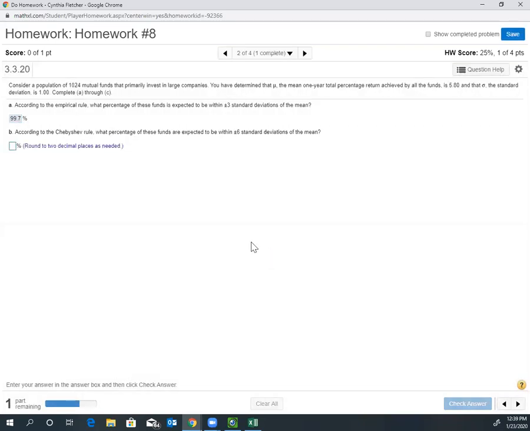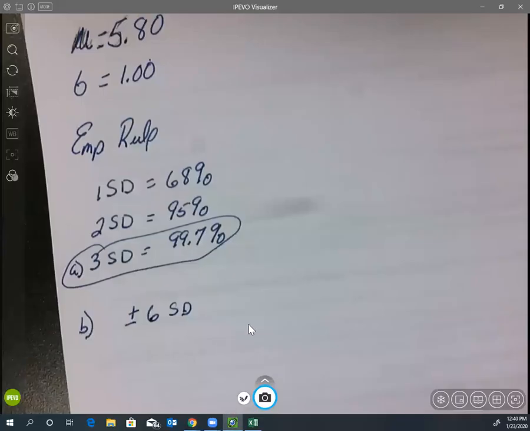Part B says, according to Chebyshev's, what percentage of these funds are expected to be between positive or negative 6 standard deviations? All right, to get that percentage, let me go back to my camera.